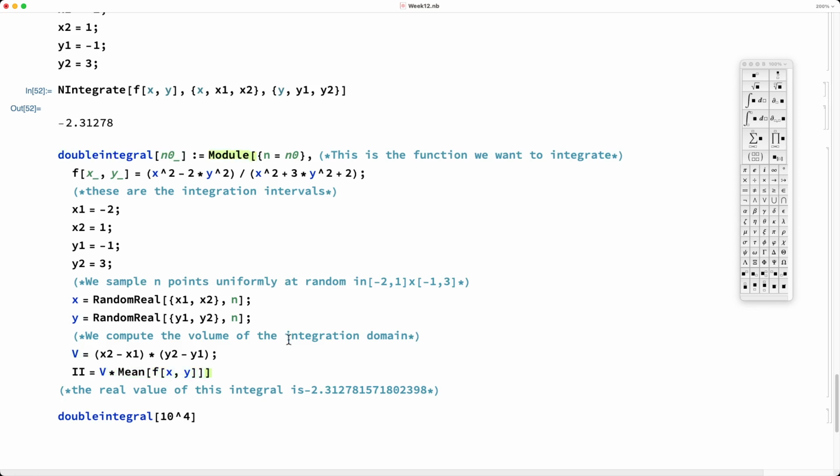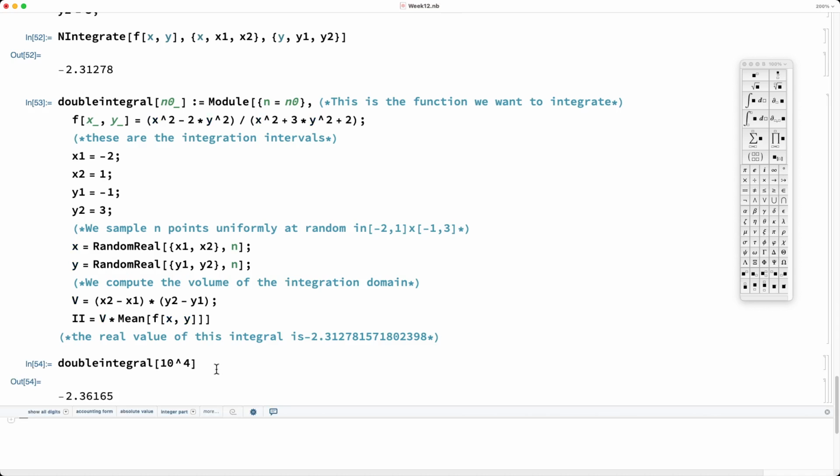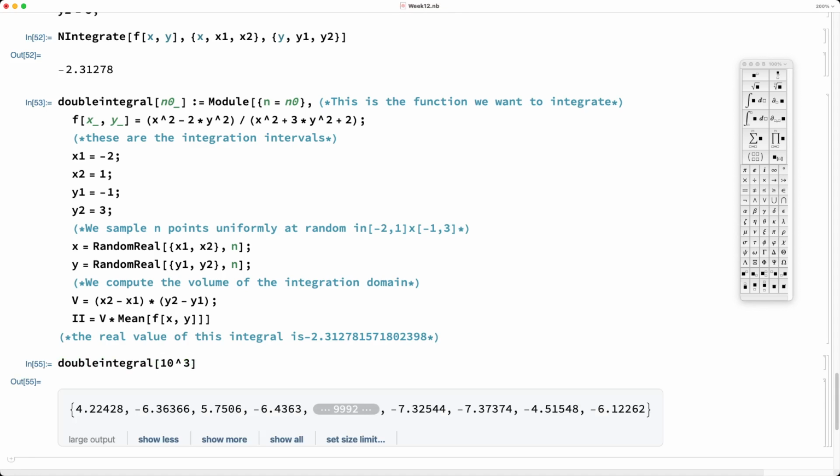So let's try and execute this module, and let's try and draw 10,000 samples. We get a value that is not too bad for that small number of samples.